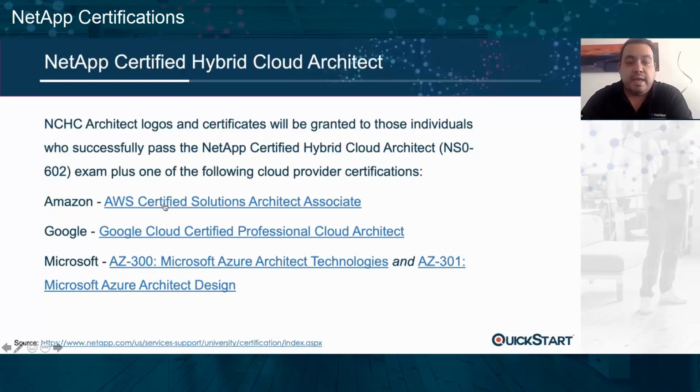You need to be an AWS Certified Solutions Architect Associate and pass the 602, or you can take the GCP Cloud Architect certification and the 602, or the Azure certification plus, once again, the 602. You don't need to pass all 3 certs. Once you pass one of those 3 that we have on screen and you pass the 602, they will give you the Cloud Architect certification, okay?